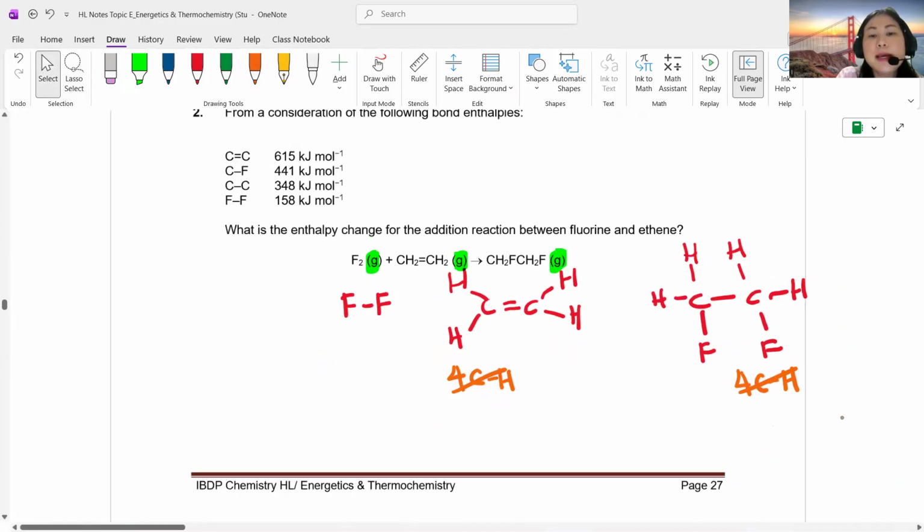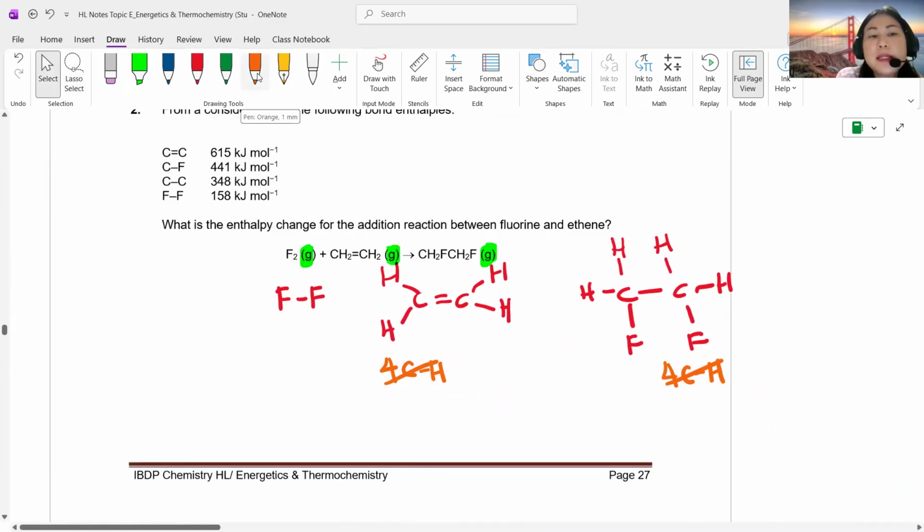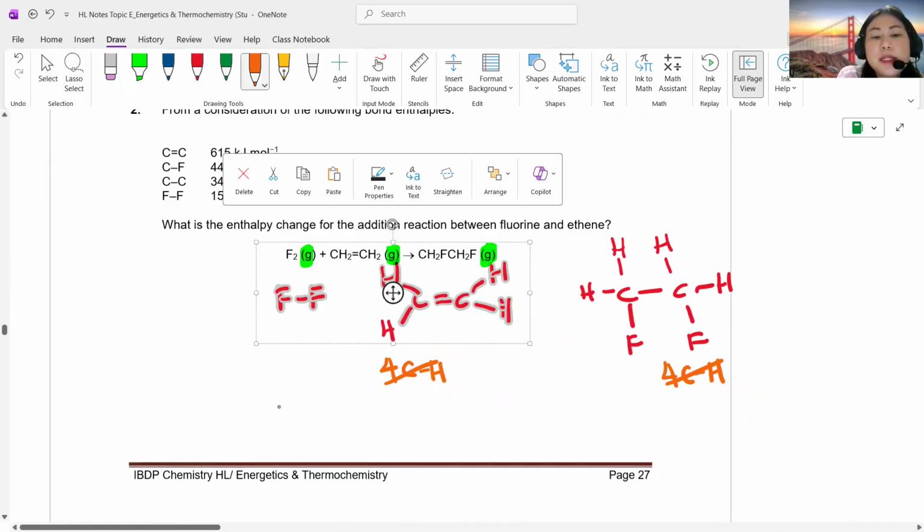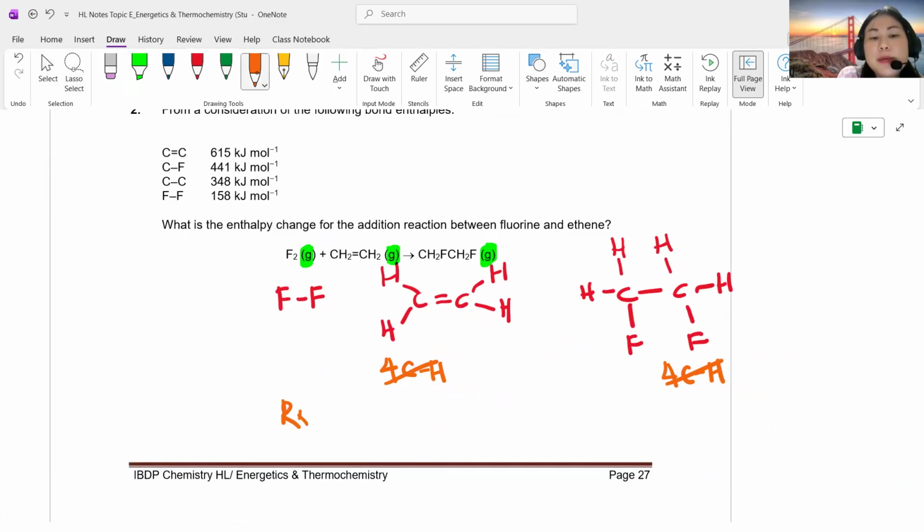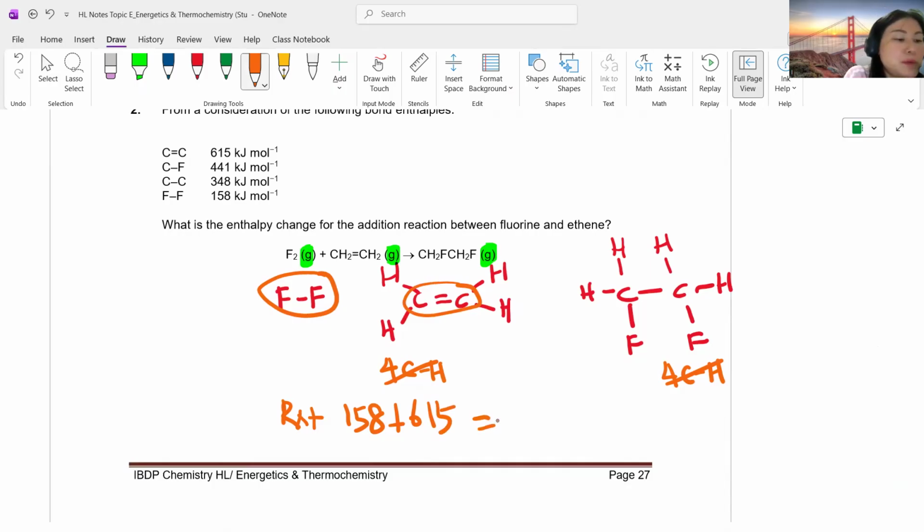So what we will have to care about will be over here, under the reactants, the bond in the reactants will be FF 158 plus 1 CC double bond, 615. So FF plus CC double bond. So let's work it out. It will be 158 plus 615. Separate out your working so that if you make a mistake, you will get working marks. So I work out the bond in my reactants.